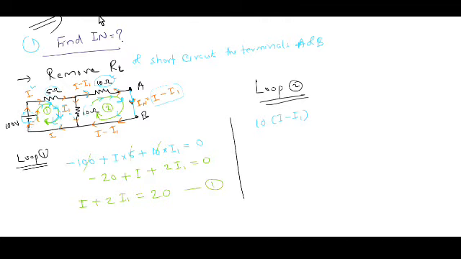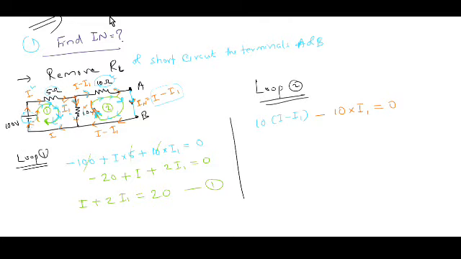Then you come around this direction, and the loop is completed if you go this way. Here the path is going in the upward direction, but the current flow is in the opposite, downward direction. Therefore, here I can write minus the resistance 10, current I1, 10 into I1, equal to 0.